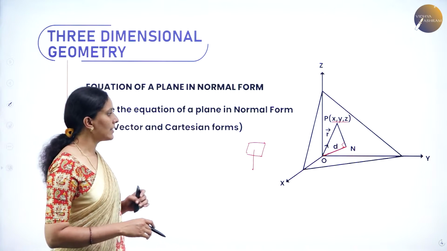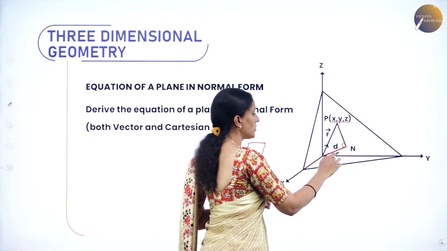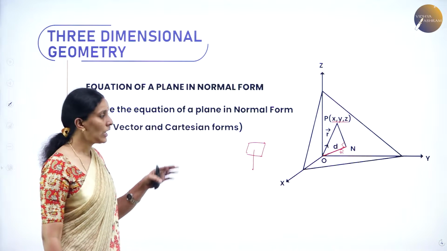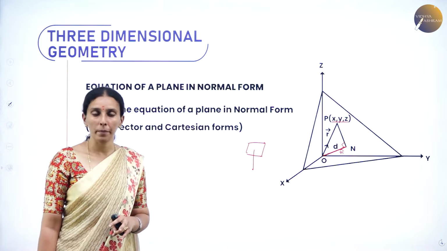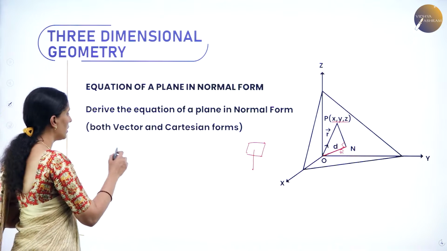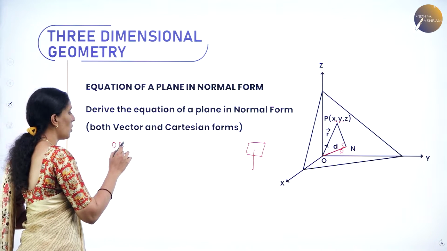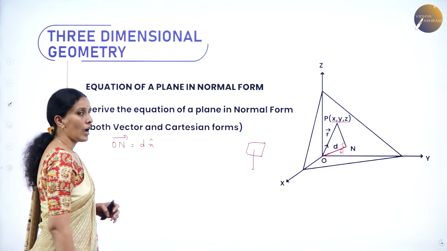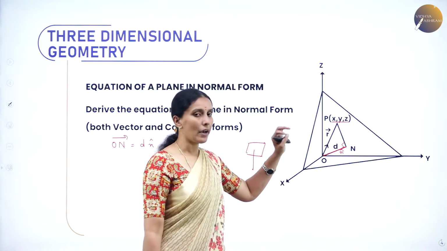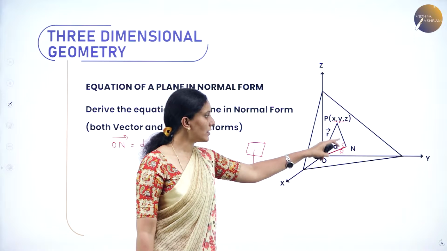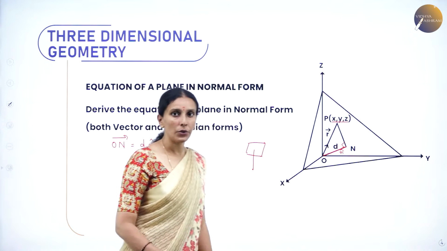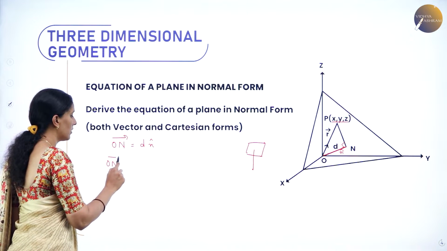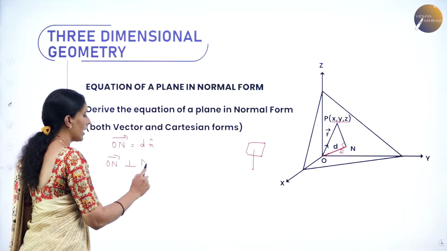Now, let us consider n cap, where n cap is the unit vector perpendicular to the plane along the direction of the normal ON. Thus we can write ON as D times n cap. And I already said let P be any arbitrary point such that PN is perpendicular to ON. So we have ON perpendicular to NP.